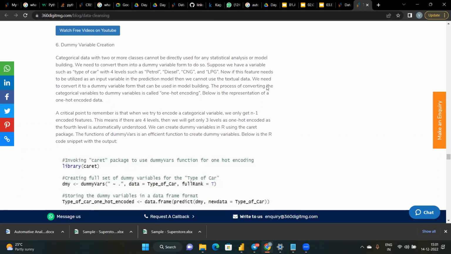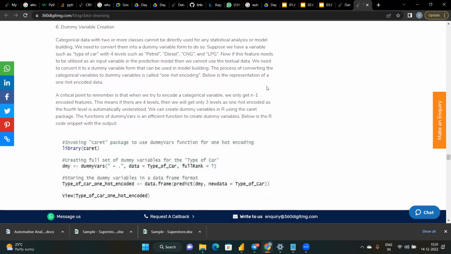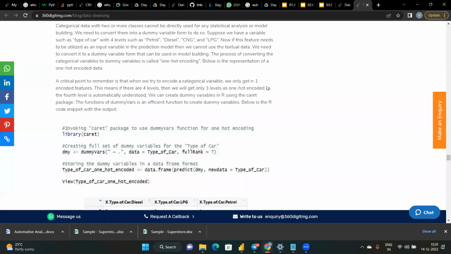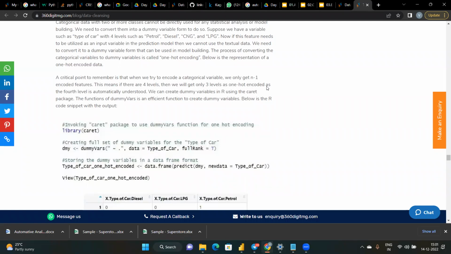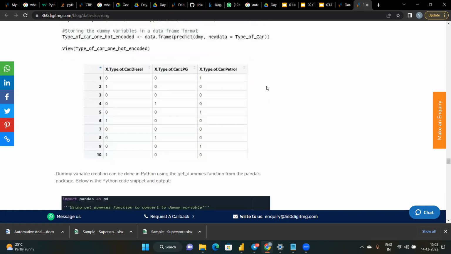Guys, I have explained one-hot encoding to you, right? Just ones and zeros. And a critical point: when we try to encode a categorical variable, we only get one encoded feature. We can create dummy variables in R using the dummy variables function. So guys, we'll be seeing the code as I said, as we move on.